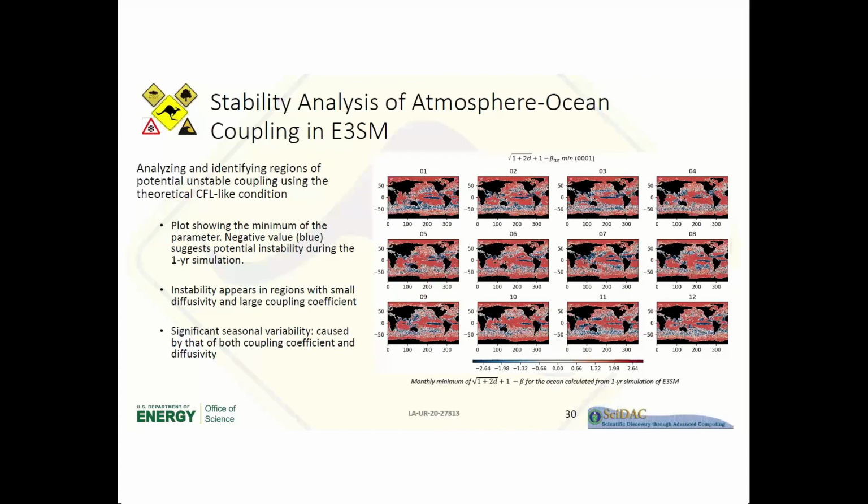It doesn't necessarily mean that we're actually running an unstable simulation here, because that was based on a simplified configuration, but it gives you some idea how close we are to stability limits in typical time integration schemes. And what you see here is that you can have potential instability, particularly in regions where there's small diffusivity across that interface and a large coupling coefficient.